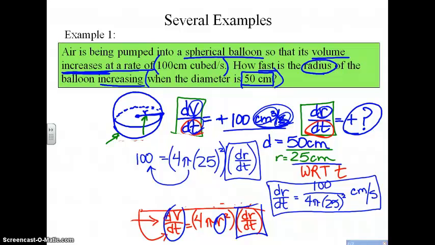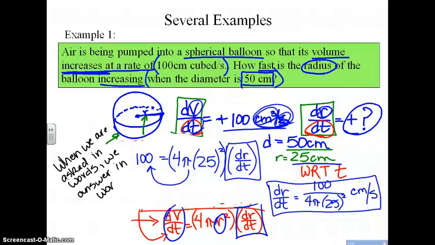Now the one last thing that I want to hit home before the end of this video is that when we are asked in words, we answer in words all the time for our word problems.